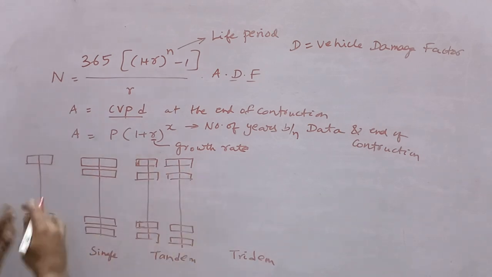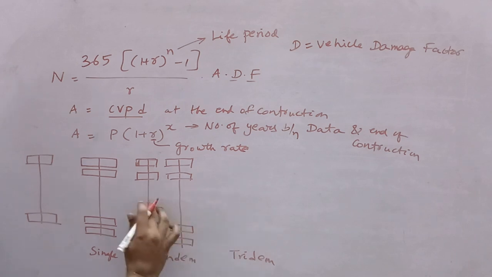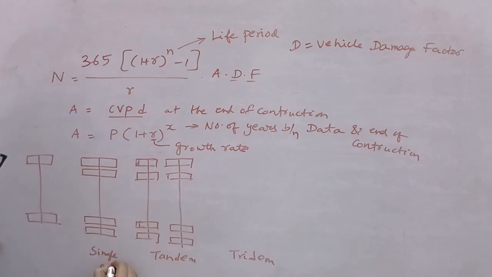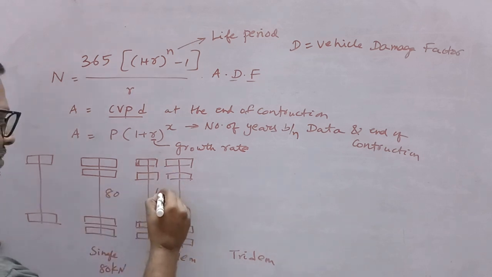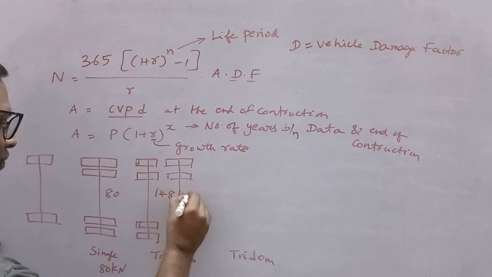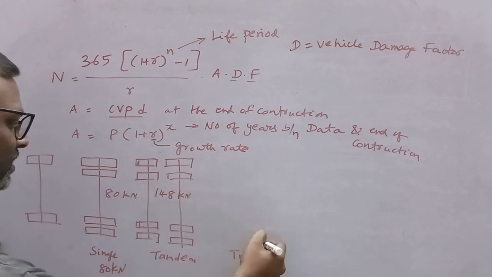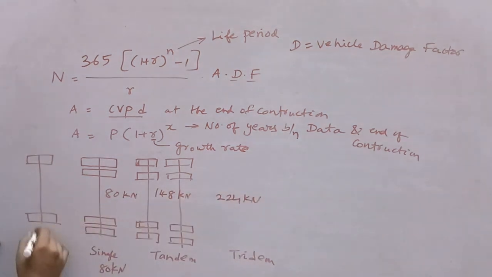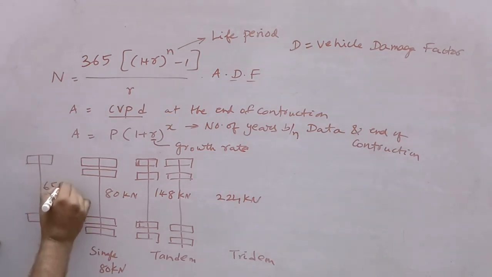These are the possibilities in general. Tridem means three of these. So single axle with dual wheels, we take it as 80 kilonewton. And for tridem it is 148 kilonewton, and for tandem it is 224 kilonewton, and for this one it is 65 kilonewton.